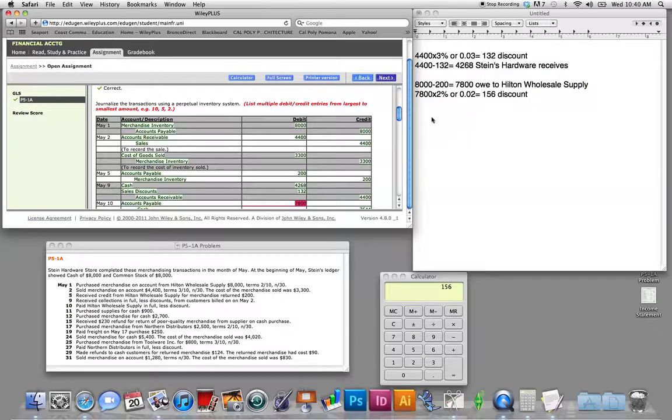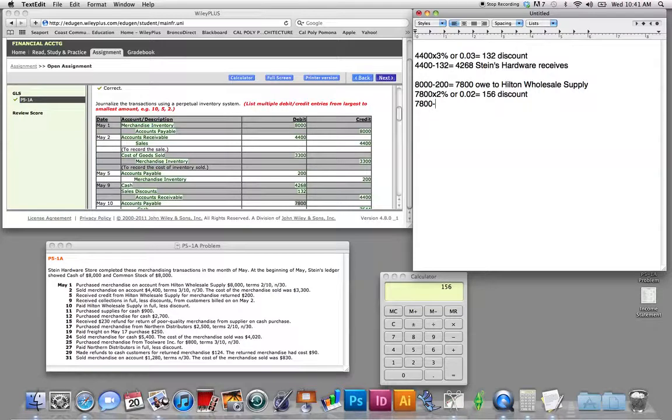So let's firstly go to our cash account, and that's the account that we're going to be paying. So in order to figure out what we're actually going to be paying to Hilton Wholesale Supply, we need to do one more calculation of finding out how much we owe. So in order to do that, we would do $7,800 because that's the amount we're actually going to be owing to Hilton Wholesale Supply minus the return.